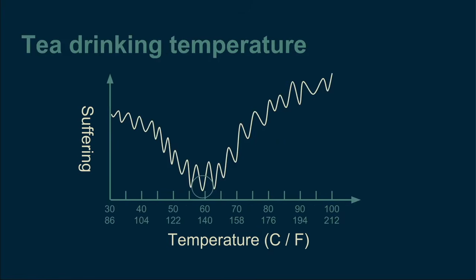Another problem is, let's say there's a wiggle on our curve. There's something happening in the environment. We have noisy buses driving by, and it affects how people enjoy their tea. We might not be able to find this very lowest dip because we might get stuck in a dip further up the curve.